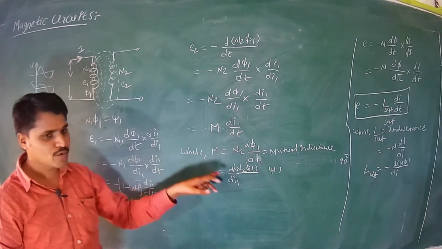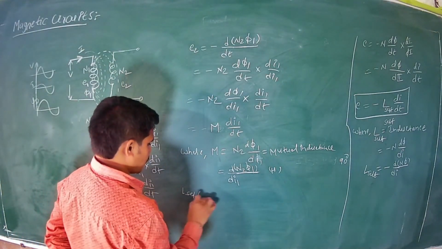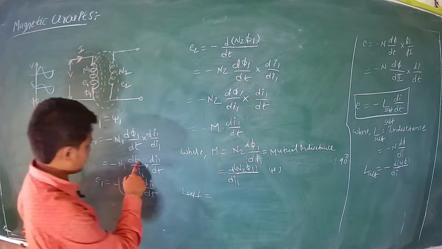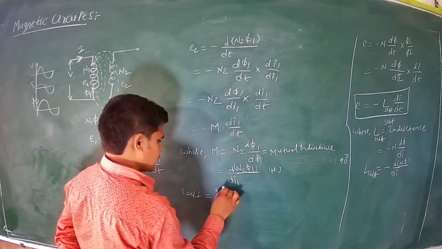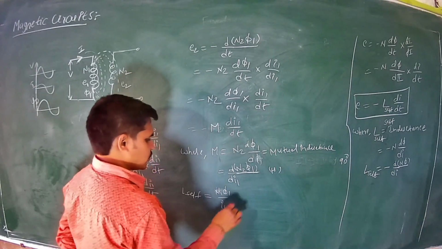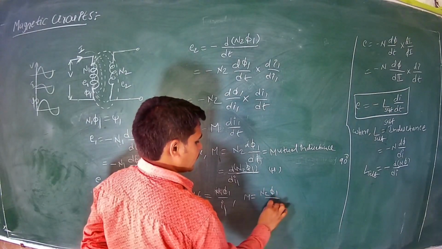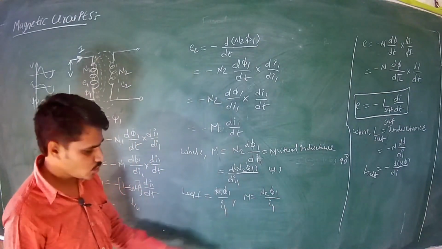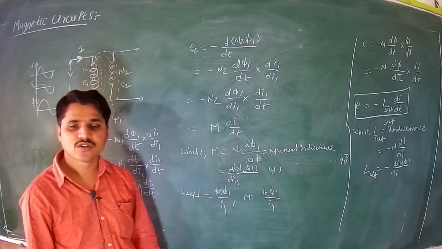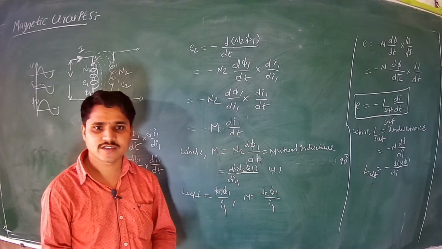Therefore self-inductance, L self, is equal to N1 phi1 by I1, and mutual inductance, M, is equal to N2 phi1 by I1. So self-inductance and mutual inductance, this is today's lecture. Thank you for listening to the class.